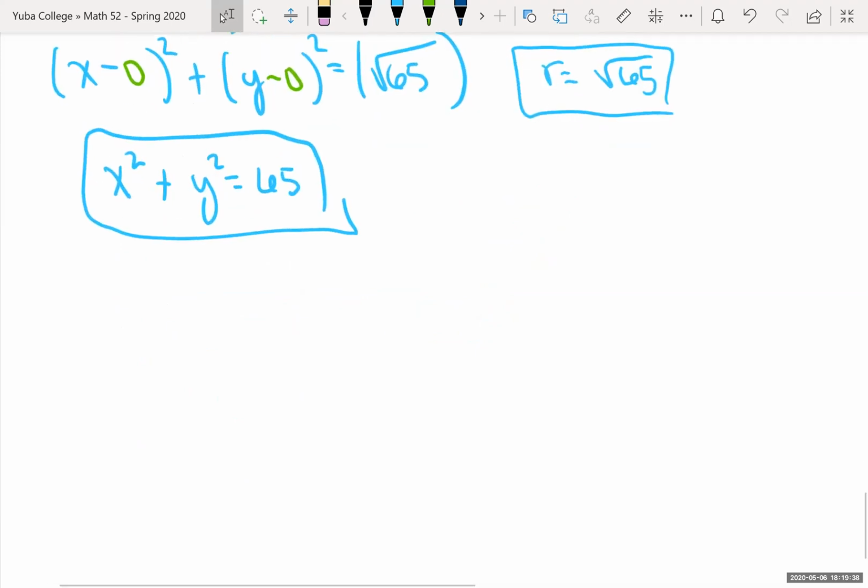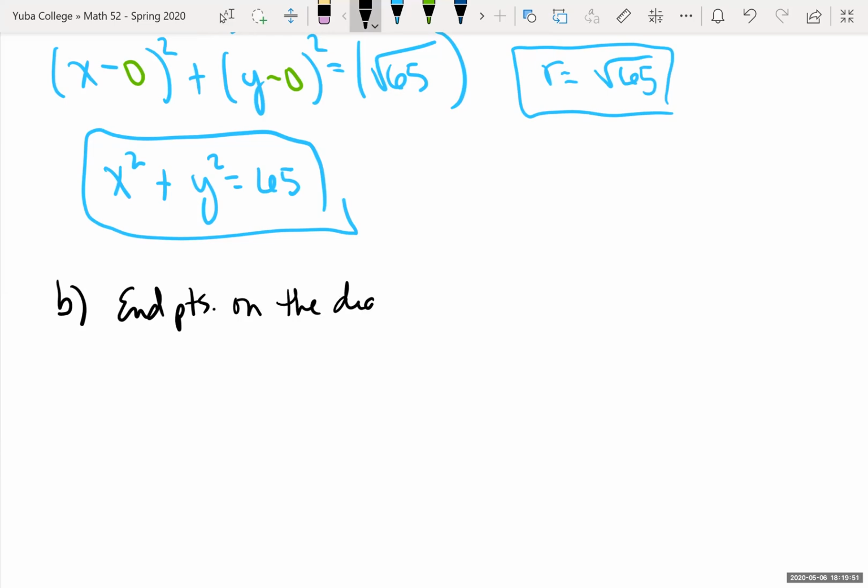Okay, so same kind of rules, but this time you're given that the endpoints of a diameter, let's say, are (-1, 1) and (5, 9).